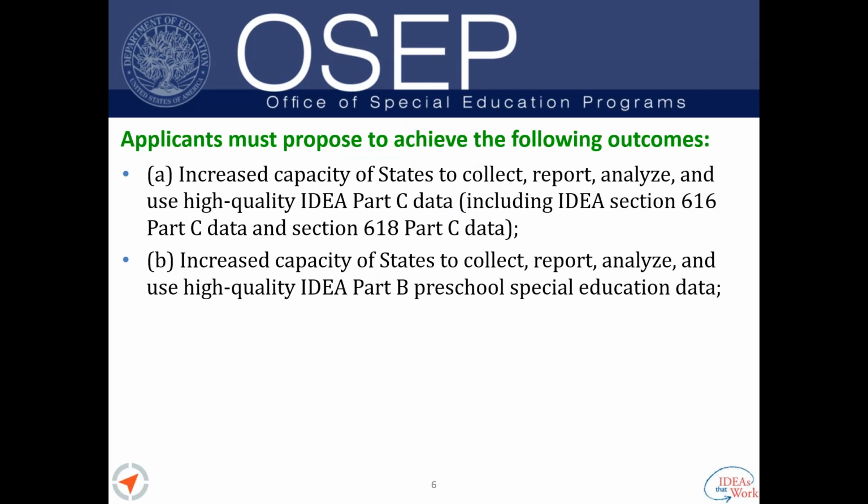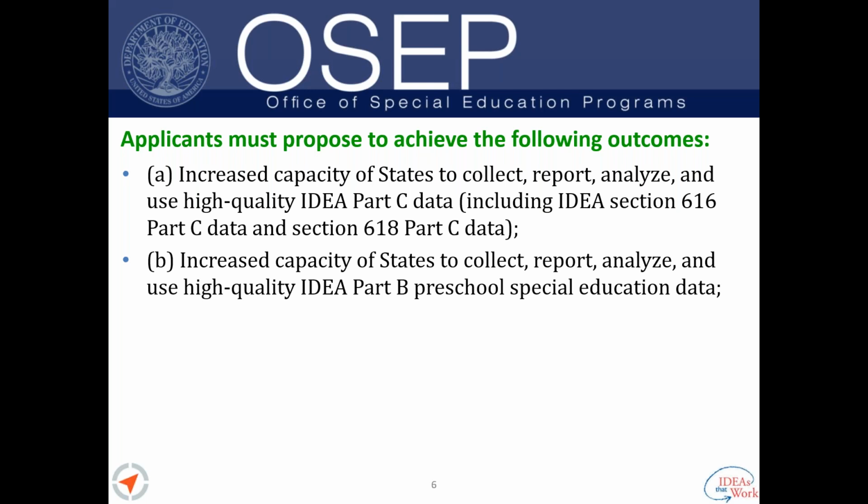The next several slides describe the programmatic outcomes and application requirements that applicants must meet. The first requirement specifies the outcome that the project must be designed to achieve. That is, projects must achieve at a minimum the following outcomes.